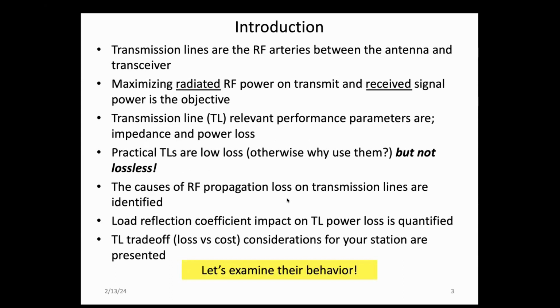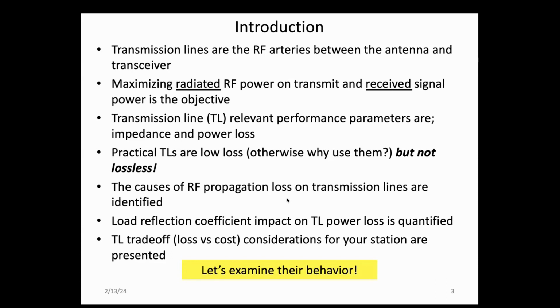Well, as we all know, transmission lines are the RF arteries of our systems. We want maximum radiated power on transmit, and we want to receive the maximum power. Transmission line performance parameters are impedance and power loss, or attenuation. We're going to look at that. Practical transmission lines are low loss, but they're not lossless. Otherwise, we couldn't use them.